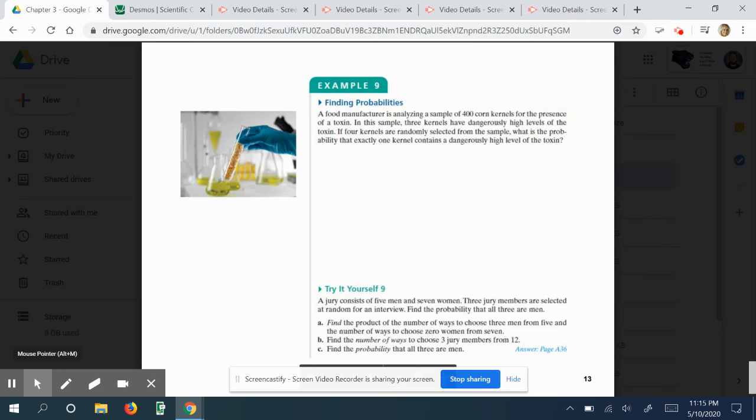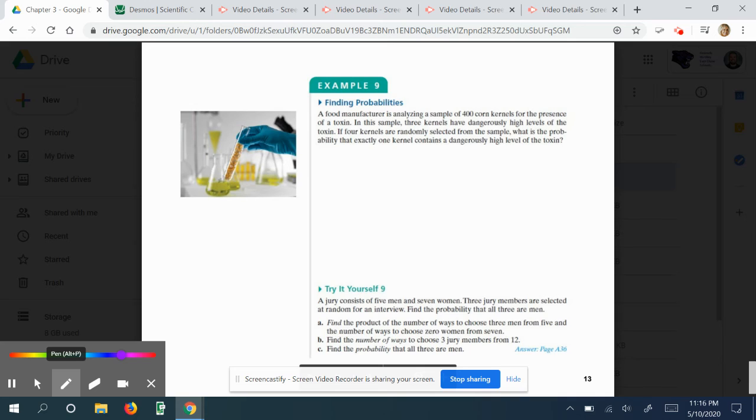Okay, so this is what we have to think about. We have to think about combinations, right? And so basically, it's how many different combinations is there if I'm taking 4 kernels that 3 of them have dangerously high out of the 400.